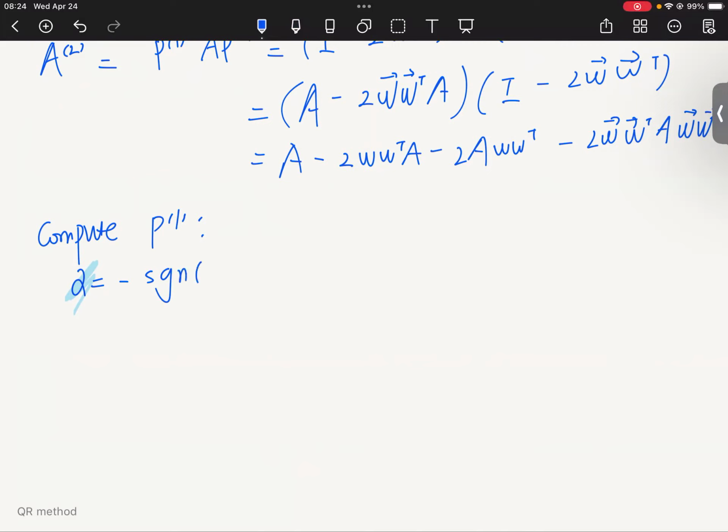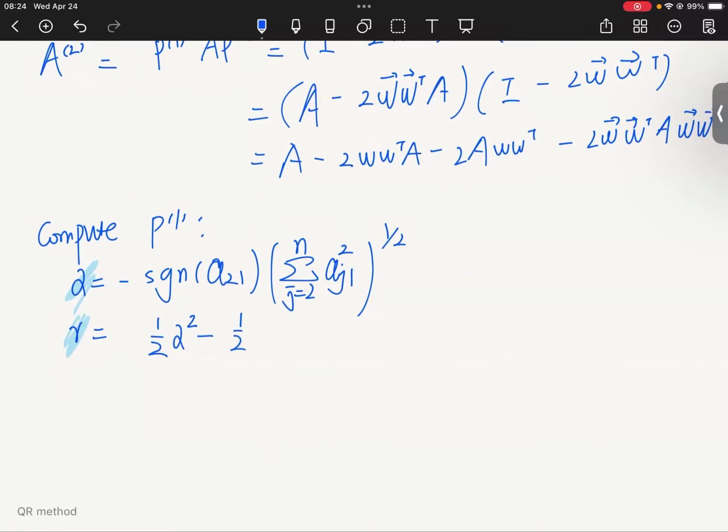Then we calculate another intermediate value R, which equals the square root of 1/2 alpha squared minus 1/2 A21 alpha.